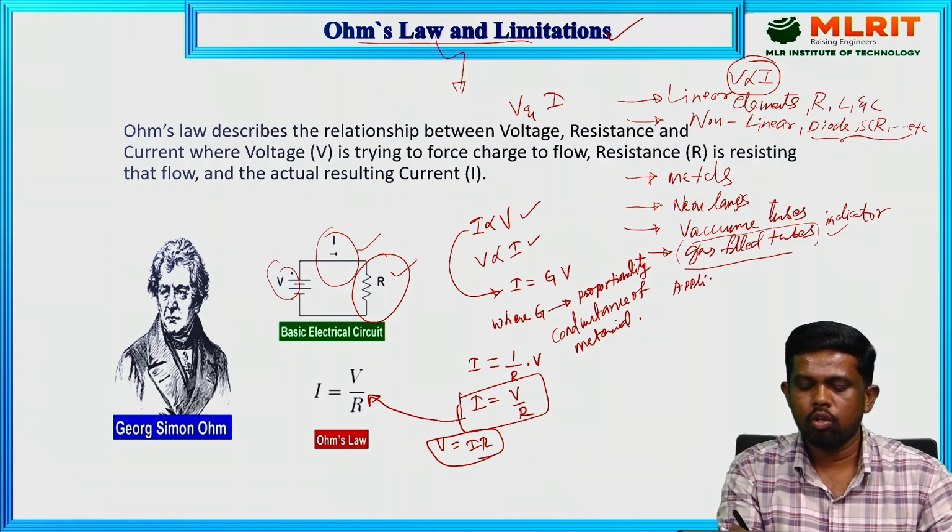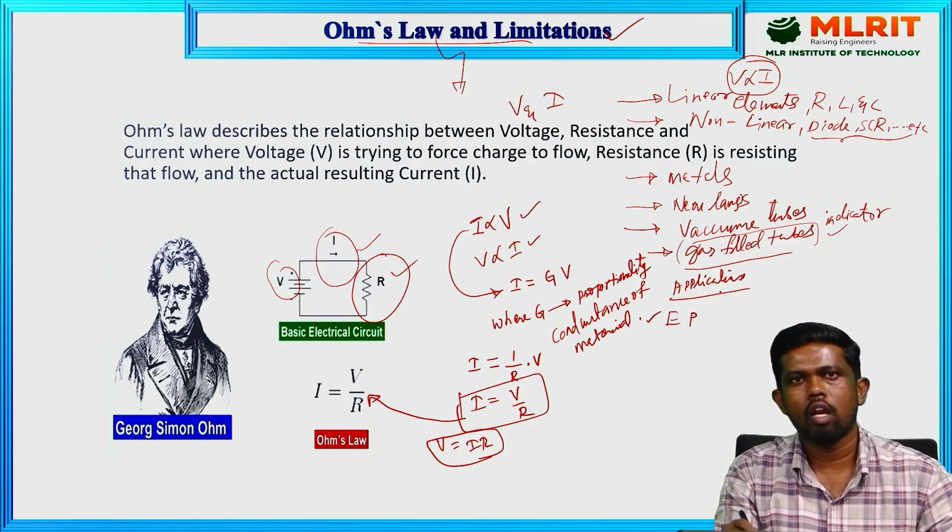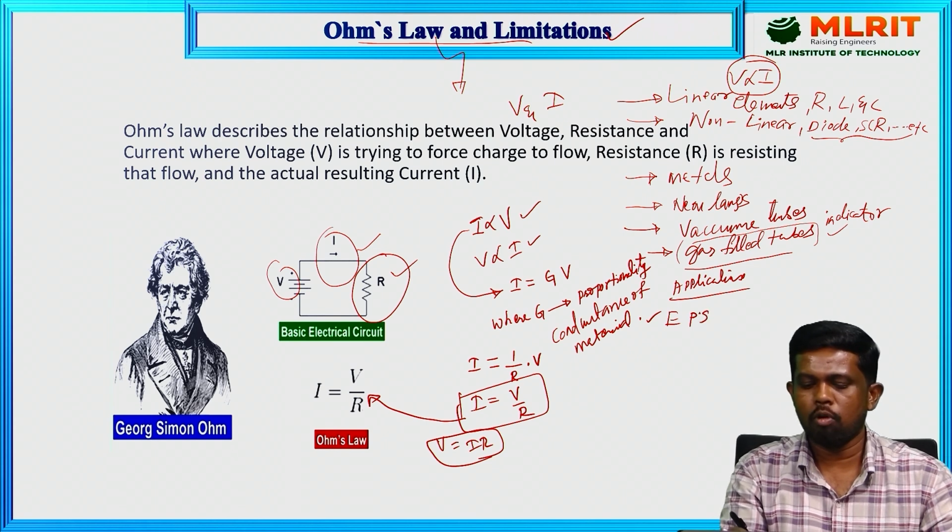Ohm's law is used first and foremost in electrical power systems, to analyze the required power calculations. It is also used in electrical machines to analyze machine characteristics and performance.